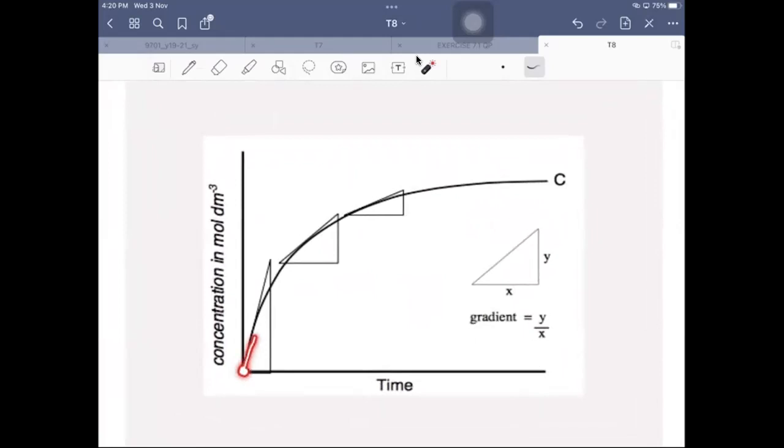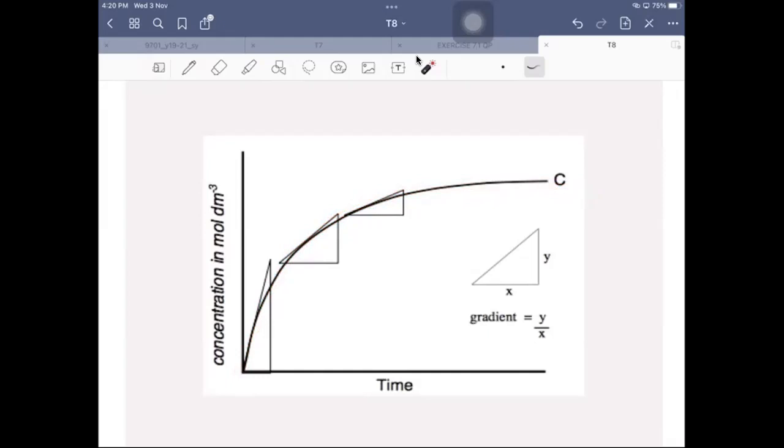So over time, I'm producing product and then the curve gently flattens until I reach a constant horizontal line, and if you find the gradient of a horizontal line, the gradient is 0. That means the rate is 0. There is no reaction happening anymore.